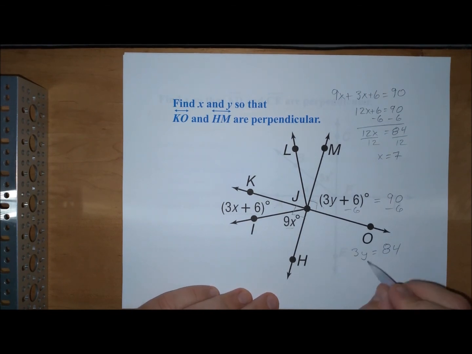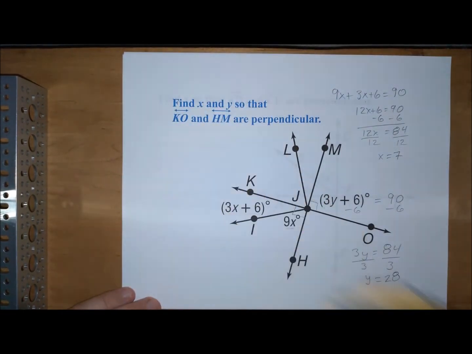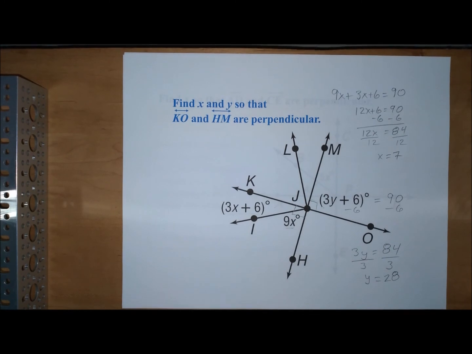Okay. And can I divide both sides by 3 here? I'm going to get y equals, what is that going to be, 28? I think that's right. I'm going to check my math on that. You guys trust me? Oh, my calculator's dead. You're going to have to trust me on that one.